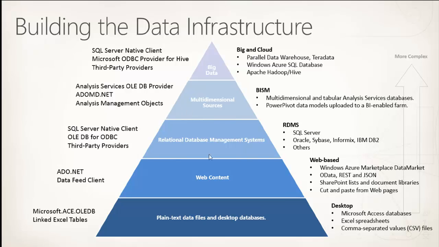Then we have our relational databases, the classical ones, SQL and Oracle, and the larger ones, Teradata, Parallel Data Warehouse. In the big data space, we also have now Hadoop and HD Insight through the Hive connectivity. And we have our multidimensional data sources. And those are the data providers that provide connectivity to those with our tools.